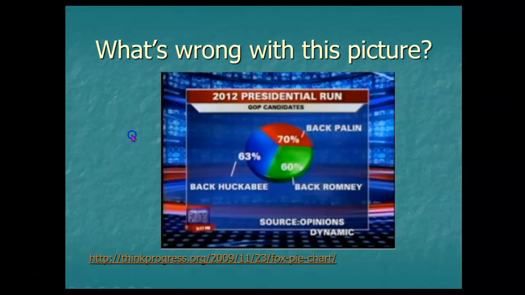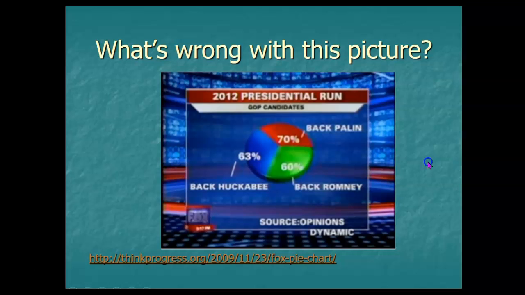And they asked their viewers who they would support as the Republican candidate for the 2012 presidential election. It turned out to be Mitt Romney that year, but back in 2009, they were asking people which of various possible candidates they would support as the Republican presidential candidate for 2012. And they made this graph to show the results.